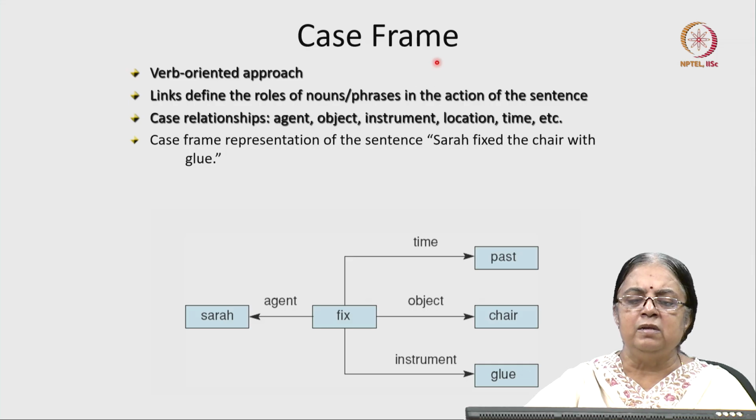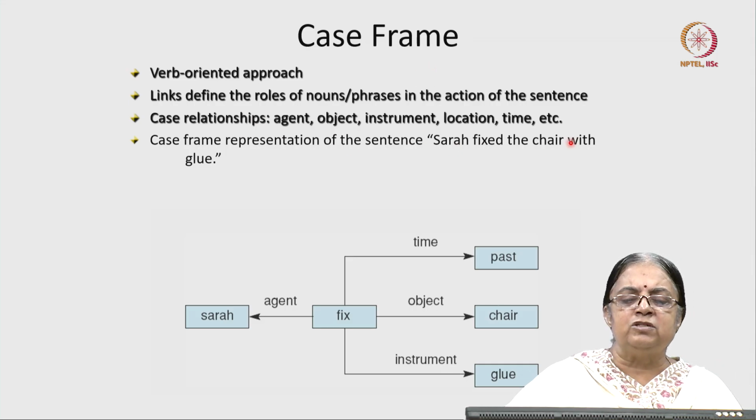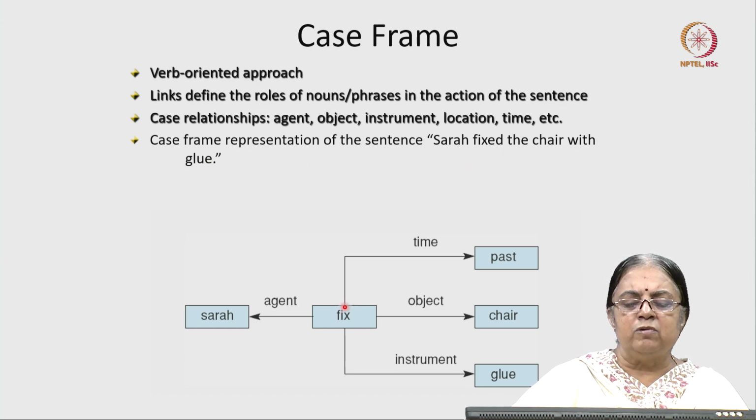For example, you can have a sentence like Sarah fixed the chair with glue. Obviously, fix is your verb. So, you are going to give the sentence with reference to fix, and then you have these links, and these links will give you some relationship, what are called the case relationships. You have things like agent, object, instrument, location, time, etc.